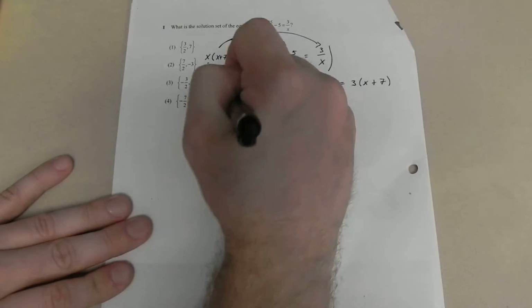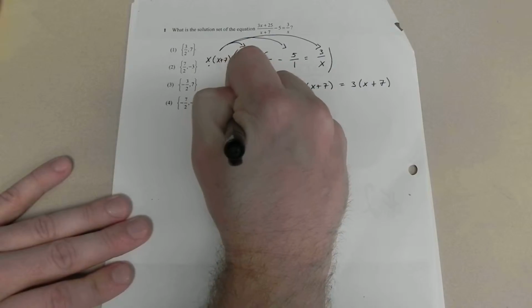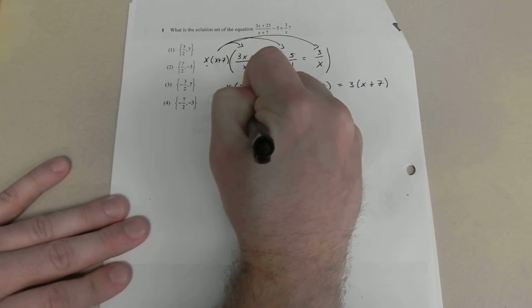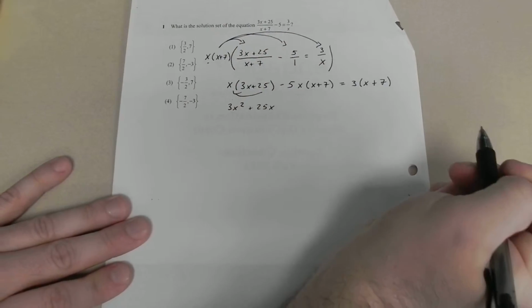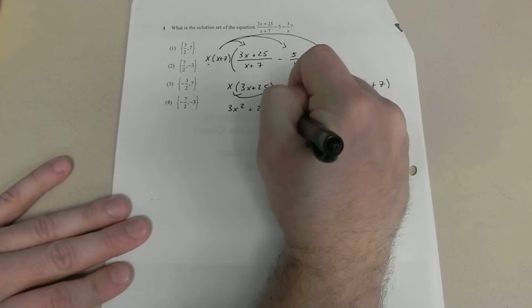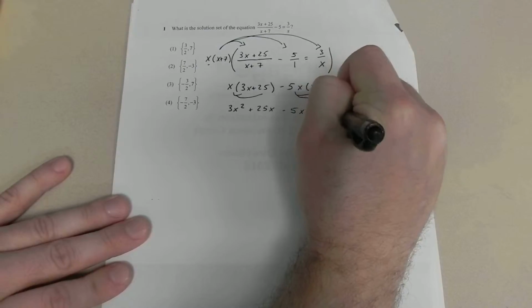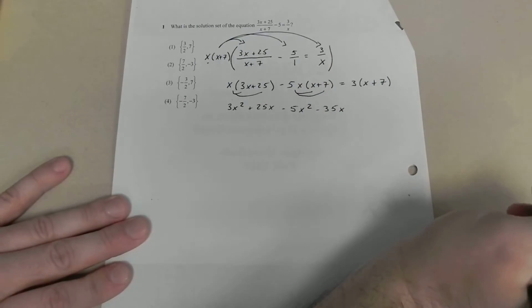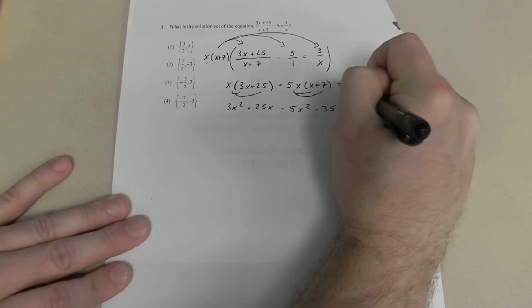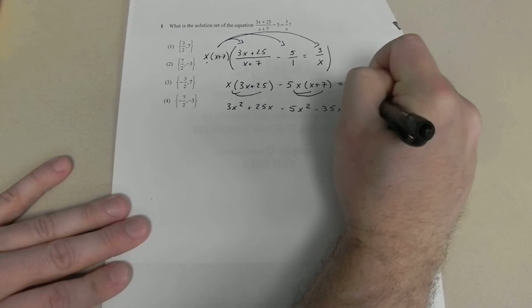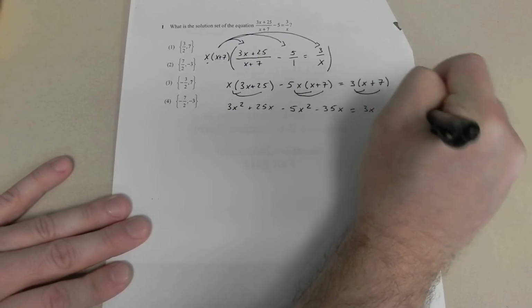Simplify my equation. 3x squared plus 25x minus 5x squared minus 35x equals 3x plus 21.